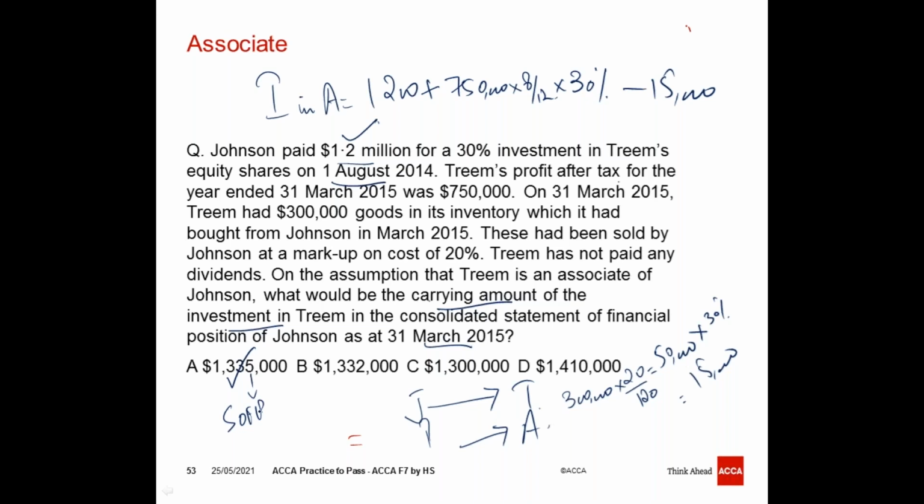And with respect to the income statement, you need to adjust the share of the profit minus impairment loss. Impairment, we never apply the percentage on the impairment. Only the percentage will be applied on the dividend if the full year dividend of the company was given to you.